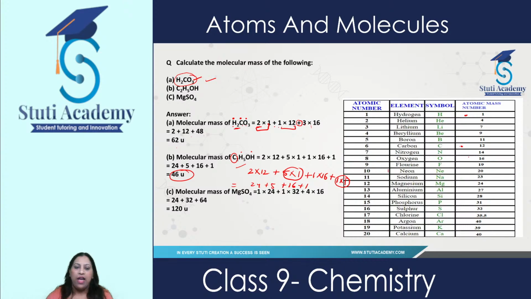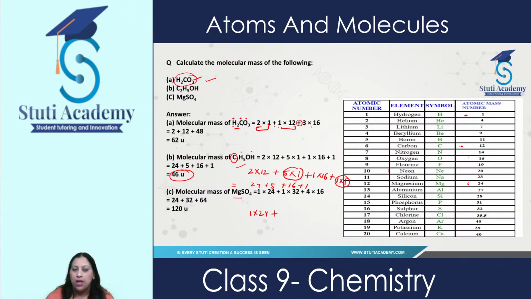I hope it is clear how you calculate the molecular mass of these compounds. Then we have magnesium sulfate. Magnesium is 1. Look at its atomic mass, which is 24. So I'll write 1 into 24, plus, this is sulfur.